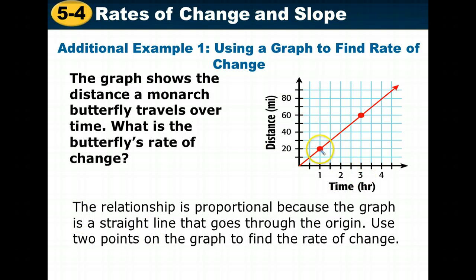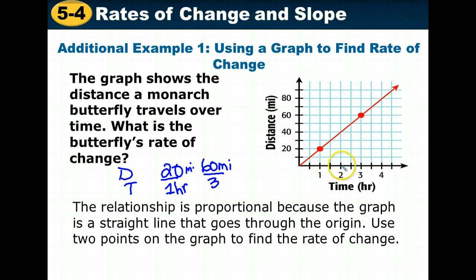So here we have 1 hour. The distance here is 20, and the time here was 1 hour. And then here the distance is 60 miles, and the time will be 3 hours.